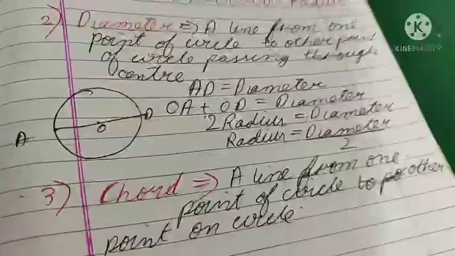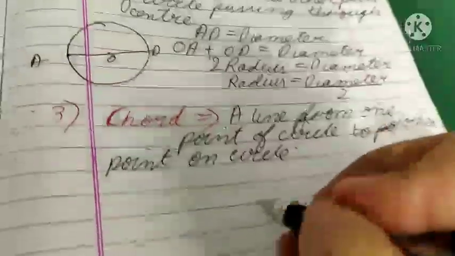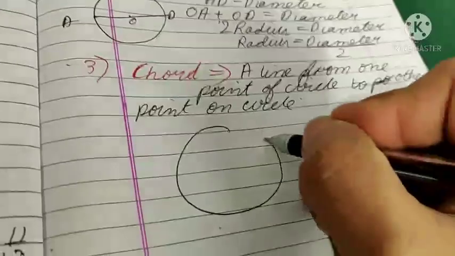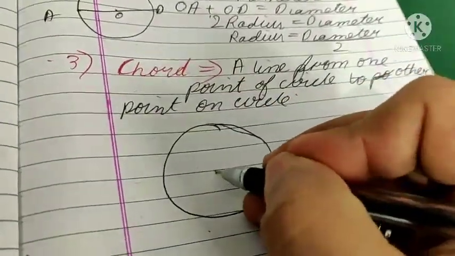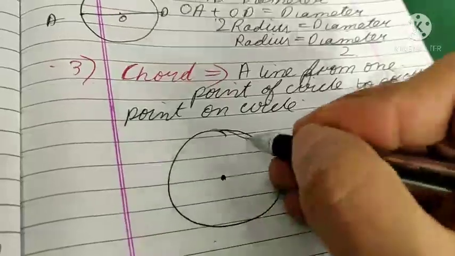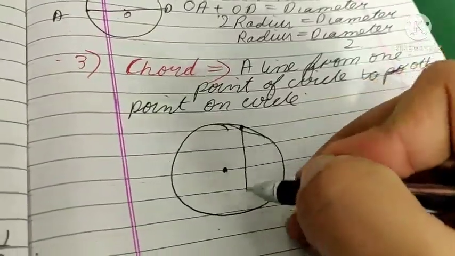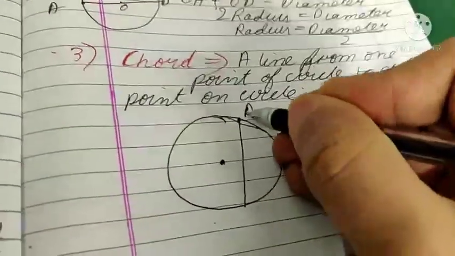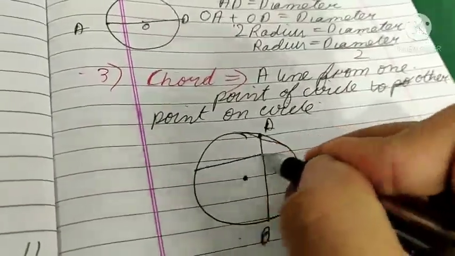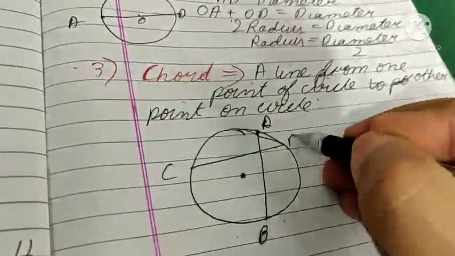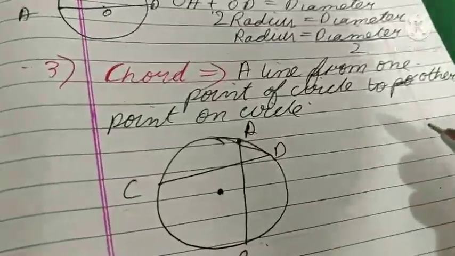Okay, from one point of the circle to another point of the circle, means if this is a circle, this is the center, from one point of the circle to another point on the circle, this is A, B, C, D, from one point to another point.